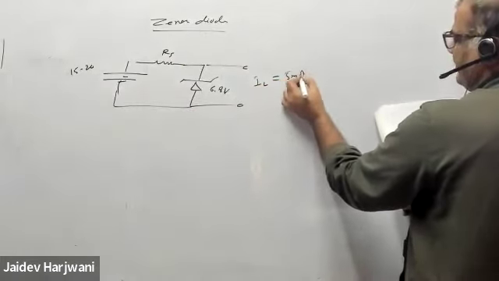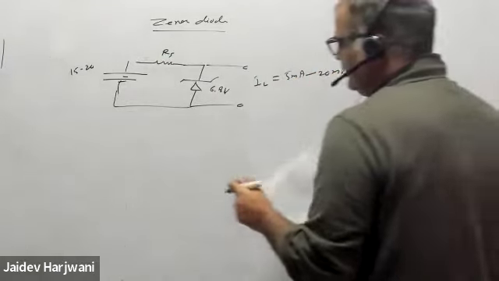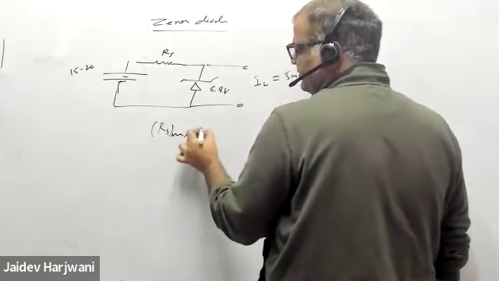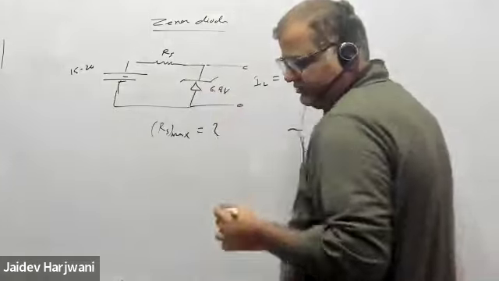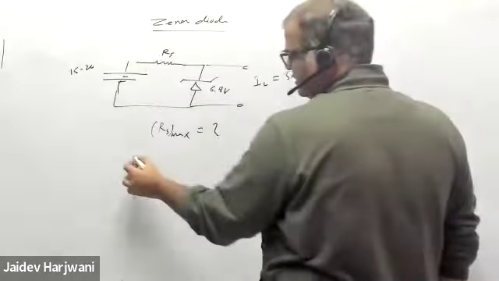IL varies from 5 milliampere to 20 milliampere. It asks what should be the value of RS max for this question. And then they have given you the options.